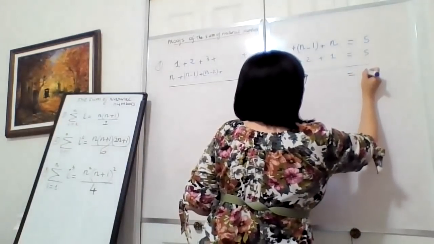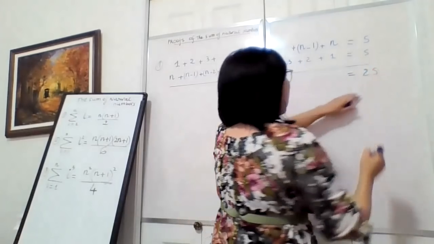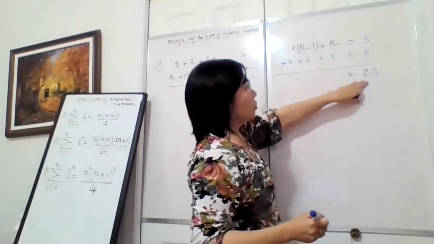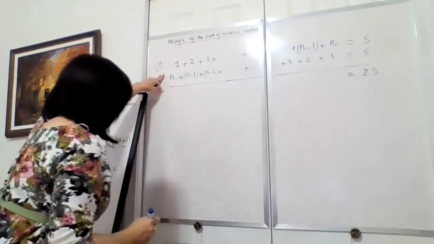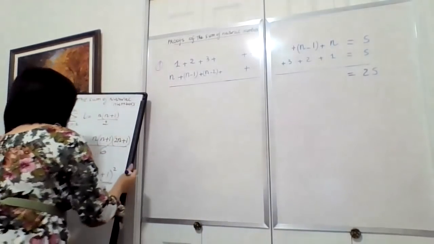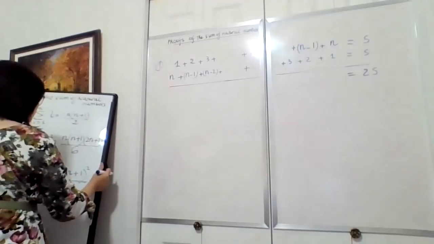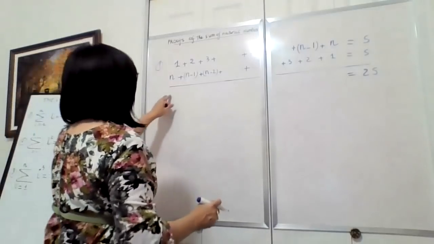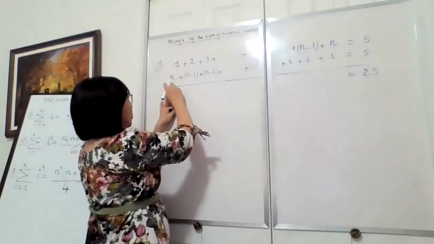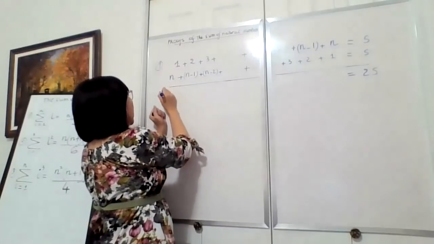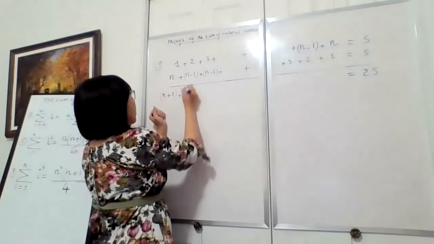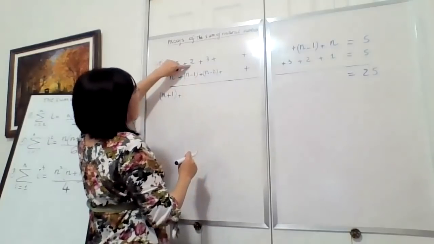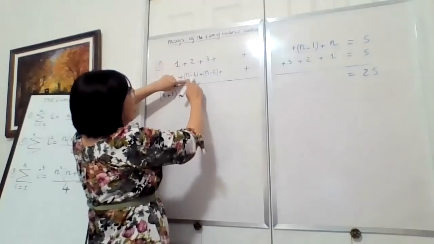On the right hand side, I will have 2S, right, 1 S plus 1 S is 2S. Now let's add from the left side. From my left side here, I have 1 plus n. So I'm going to put n first. N plus 1, adding.